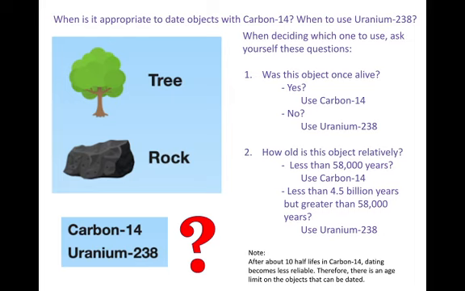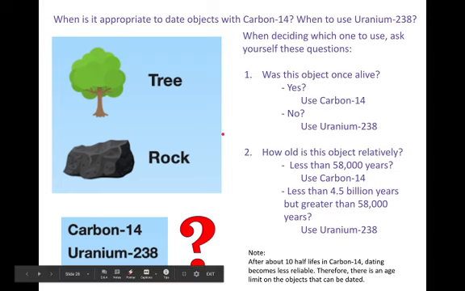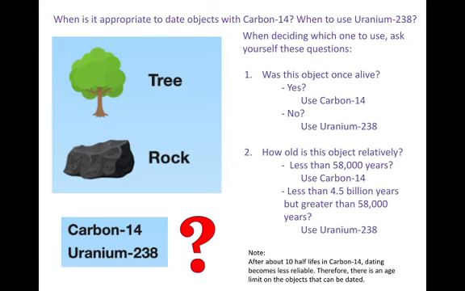Okay, it can be 0.0001. You can still divide that again by half. So it will never reach 0, but the amount is so tiny that it's very difficult for the machines that are used to date these objects to register that amount. So when it's very little left in the object, it cannot be used.